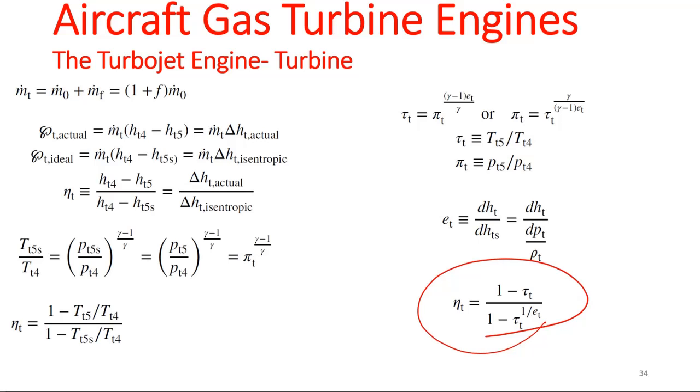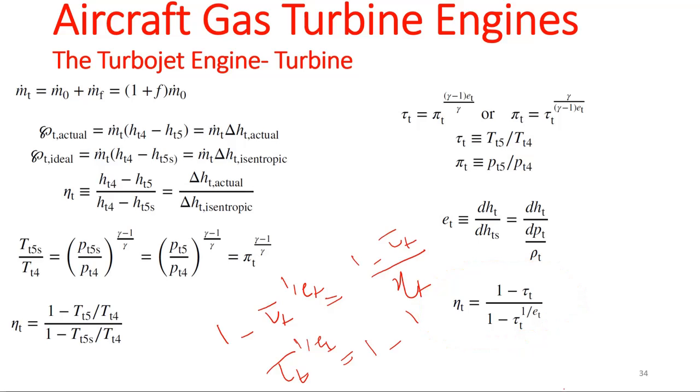So you can take the 1 to the other side and also the negative sign. So tau of T to the power 1 over e of T is going to be equal to 1 minus tau of T over eta of T.